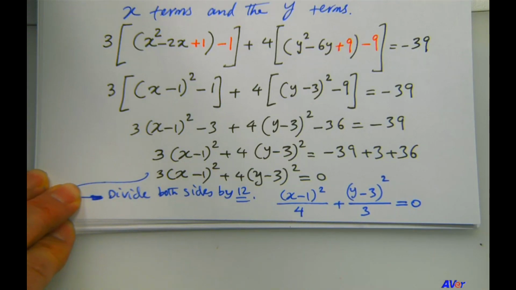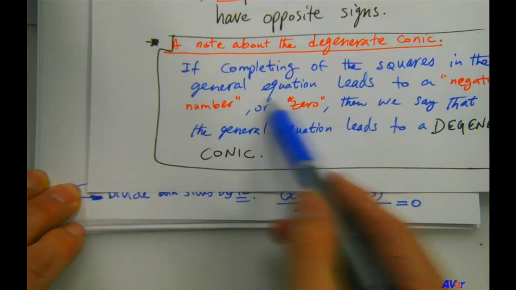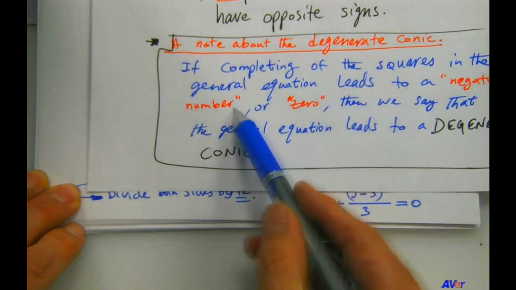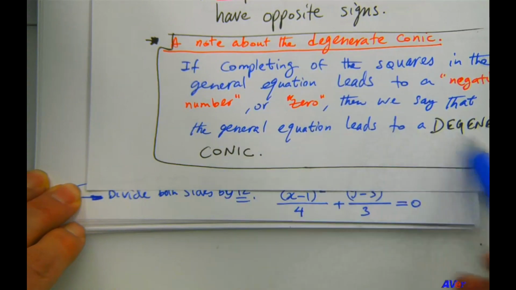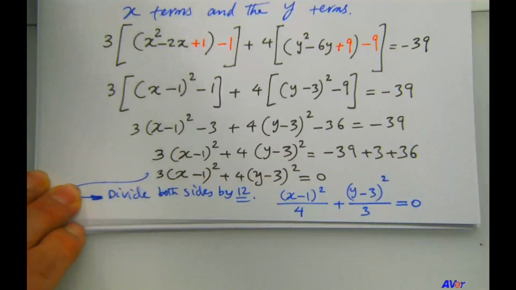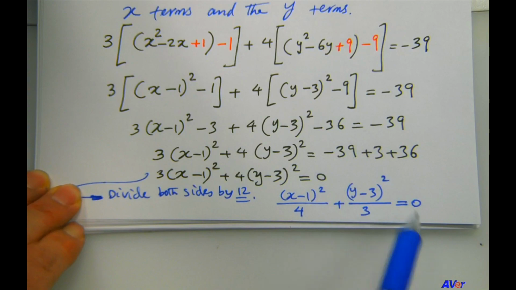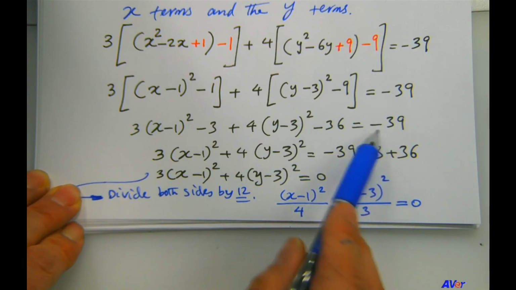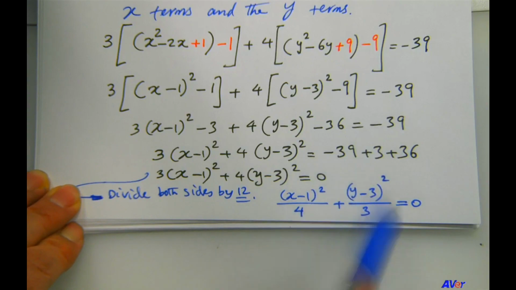And let me bring back the degenerate case. We said that if completing the square in the general equation leads to a negative number or 0, then we say that the general equation leads to a degenerate conic. If we had been left with a negative number, we would still have a degenerate conic, but we didn't. We didn't end up with negative something on the right side, we ended up with 0.